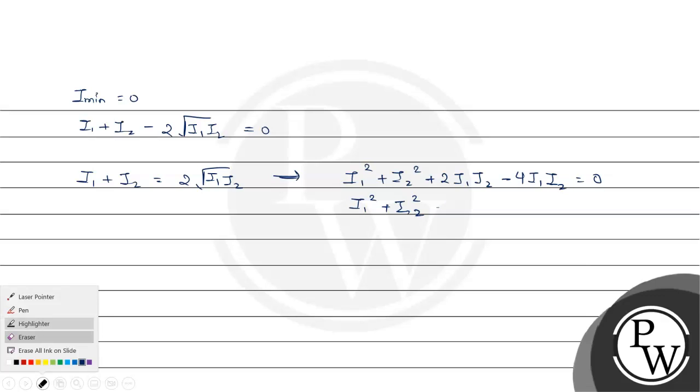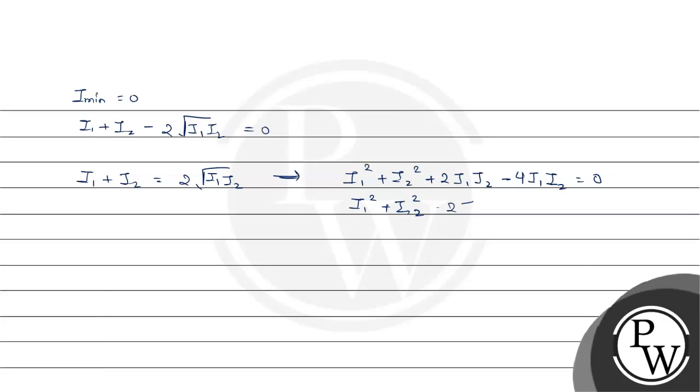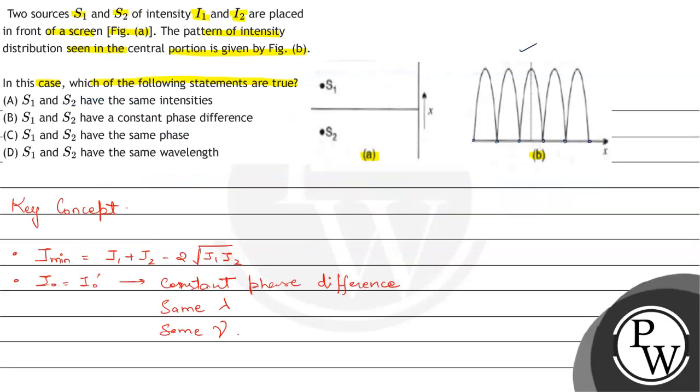Solving this we get minus 2I1 into I2 is equal to 0. From here we can say that I1 minus I2 whole square is equal to 0. From here we can say that I1 is equal to I2. Thus whenever intensity minimum is 0, we can say that I1 will be equal to I2, and hence option A says that S1 and S2 have same intensity.